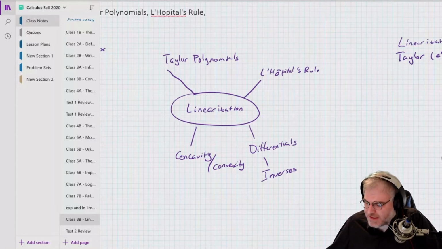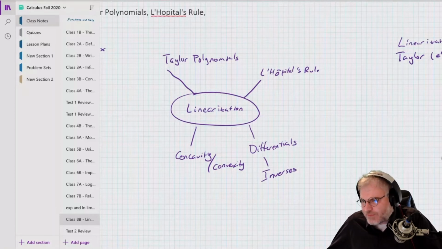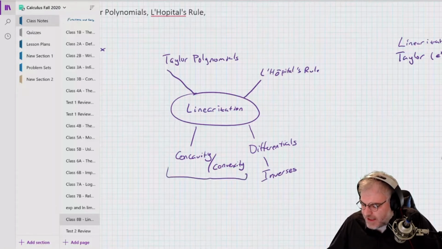And then concavity, convexity, concave up or concave down is what we're going to call them. All of these ideas are one of the big ideas in Module 3, which I know you aren't thinking about yet.